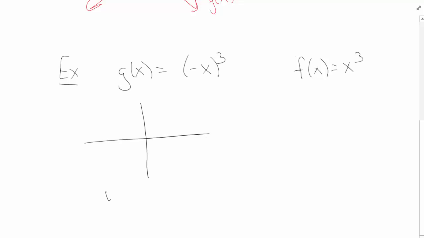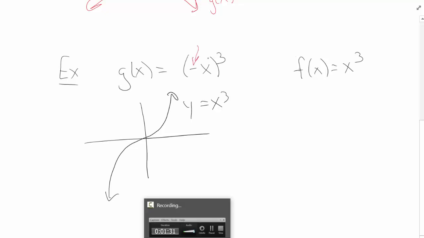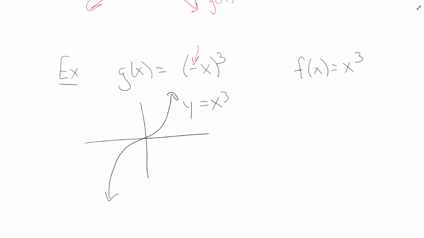If you move on to, let's say, how about g of x is equal to negative x cubed? Well, I'm going to start with my toolkit function of x cubed. It'll look a little something like this. So there's y equals x cubed. And I added a negative, but this time you can see that negative is really inside of this function.